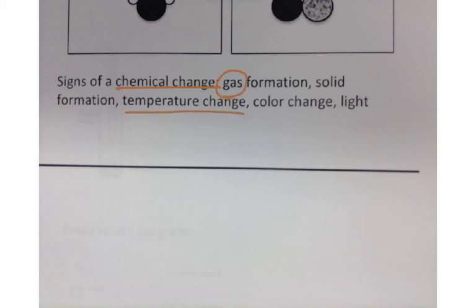I do notice that it got hotter. I obviously noticed that they had a color change for fireworks and that I produced light. If you notice that more than one of these characteristics are seen throughout that process, then it more than likely is going to be a chemical change. Okay, it's not always a guarantee, but it's more likely.